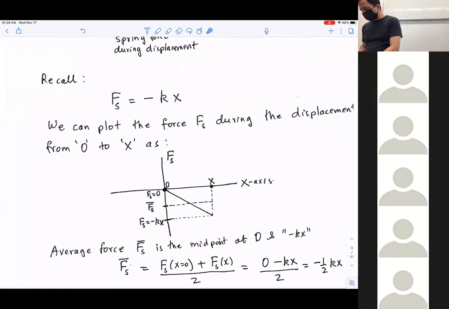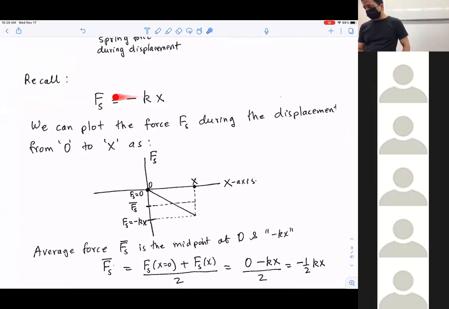And so if I were to plot this Hooke's law force, let's imagine that we take the spring and we stretch it from 0 and we pull it and we stretch it to the position x. Right, so we take it from here and we stretch it to some position x. What does the force look like? The force is minus kx. That is the equation of a straight line.